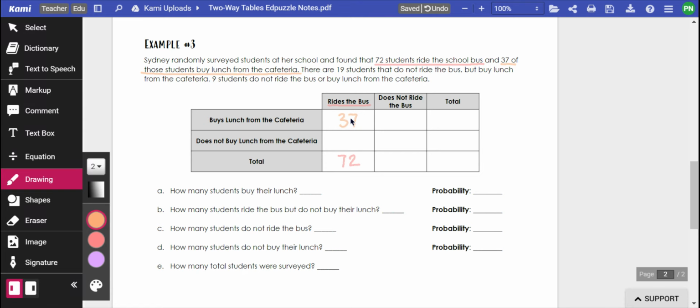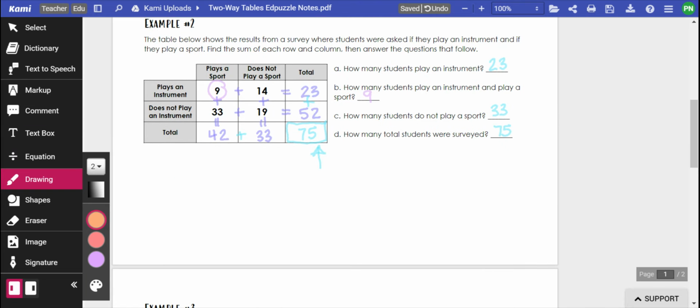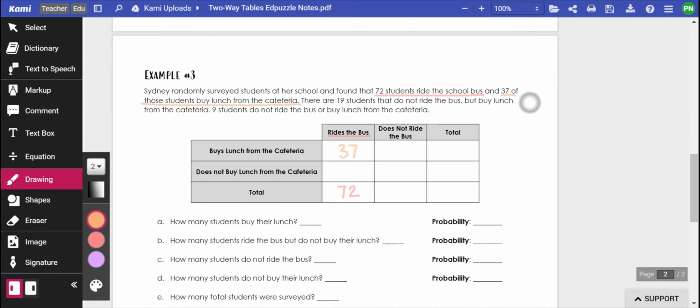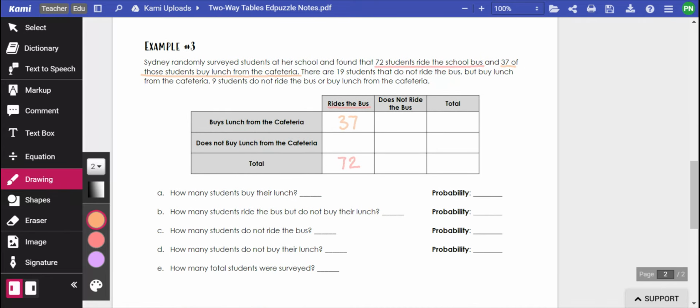We're doing the opposite because in all the other examples, we were adding 9 plus 33 to get 42, for instance. So in order to work backwards to find out what one of these main pieces are, you can just subtract from the total. So 72 minus 37 is going to give me 35.